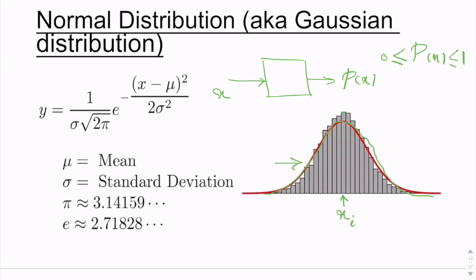The second property is that if you compute the area under this curve, which represents the probability, from minus infinity to plus infinity, the integral of P of x dx should be equal to 1. Those are the two properties that make a function a probability distribution.